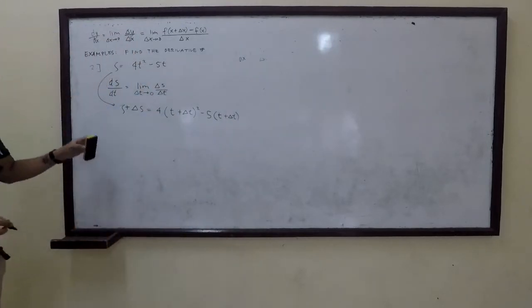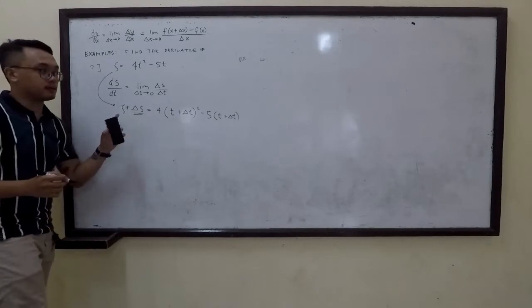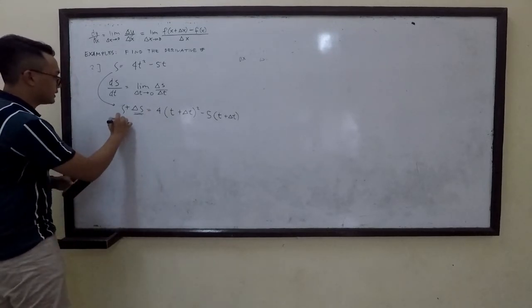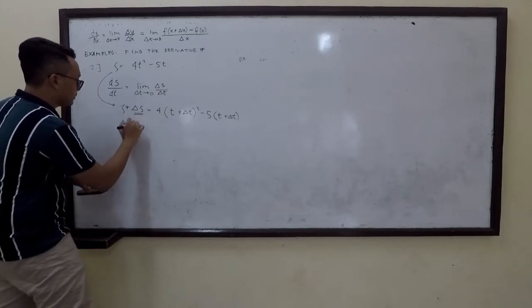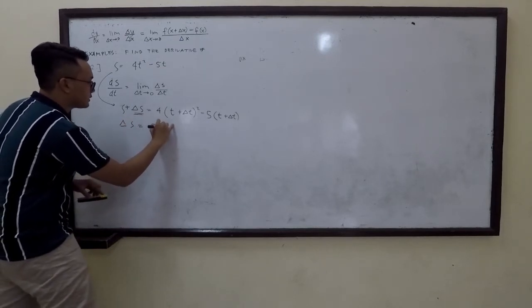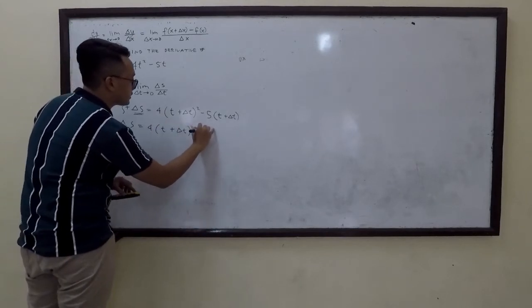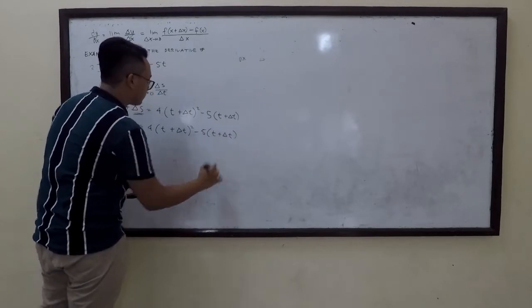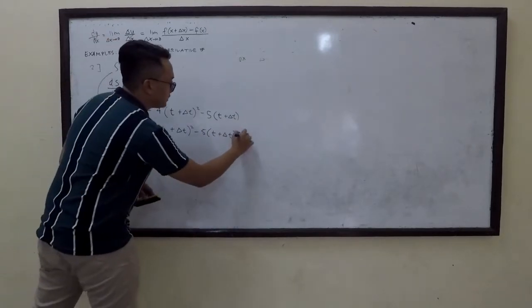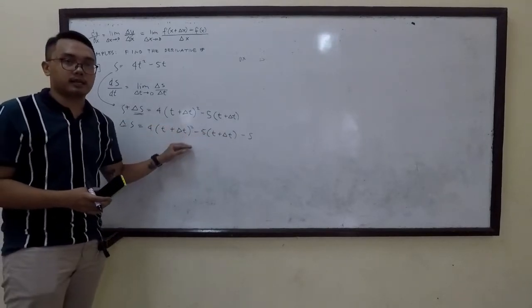Since we're just concerned with delta s, move this to the right. So delta s is equal to 4 times t plus delta t squared minus 5 times t plus delta t, then minus the original s.